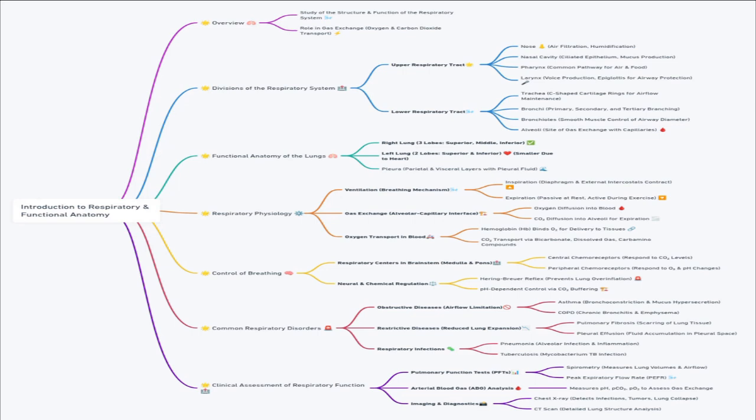So the bronchopulmonary segment is the topological and functional unit of the lung. Like I said, the right has 10 segments, making up about 55% of lung volume, and the left has 9 segments, which make up 45% of lung volume.